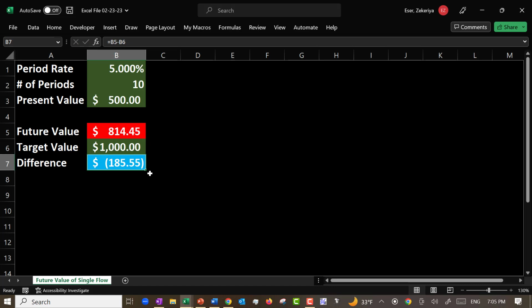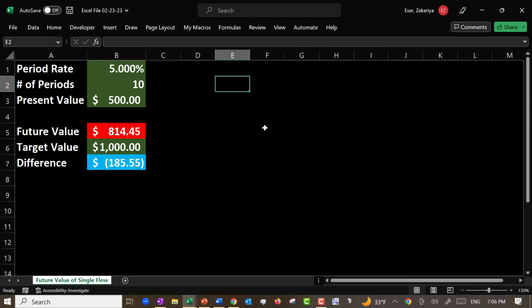I know two of the inputs: the present value and the number of periods. So I want to enter something in that period rate, a very precise number, so that the difference is 0.